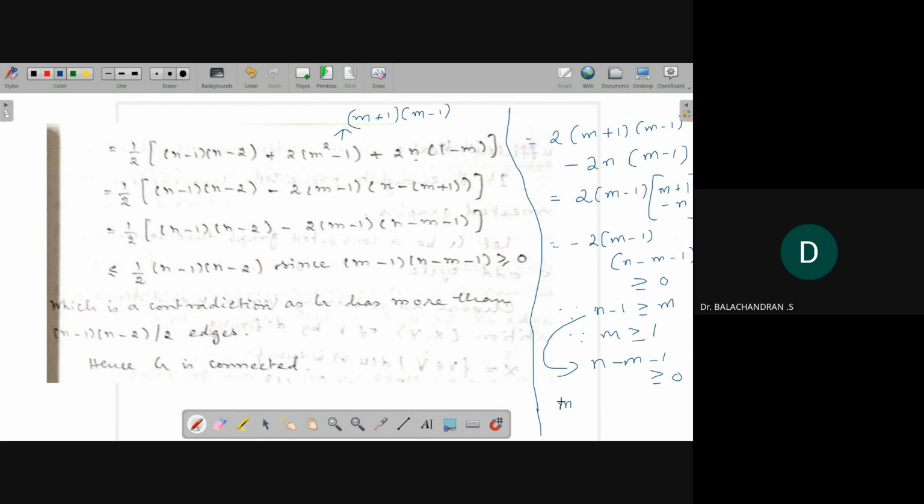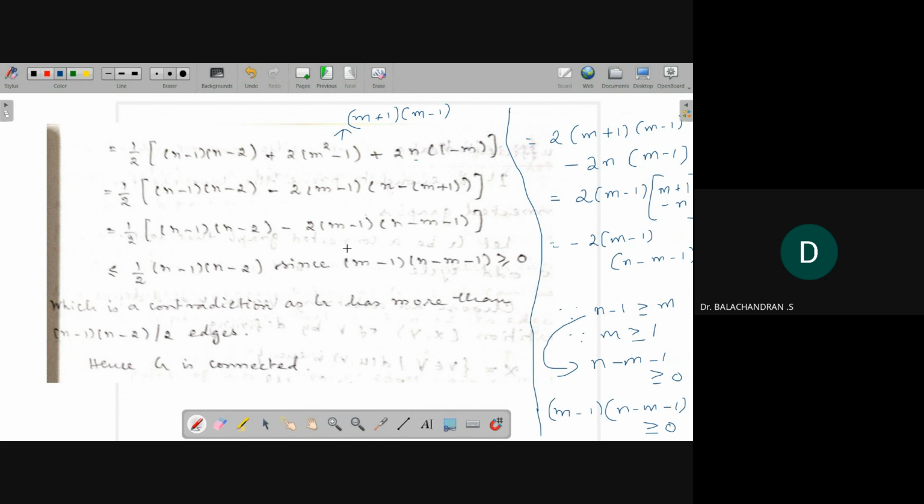M minus 1 into n minus m minus 1 is greater than or equal to 0. Here I can't put greater than or equal to 0 because this is positive and there is a negative sign. So this is a positive quantity I am telling.